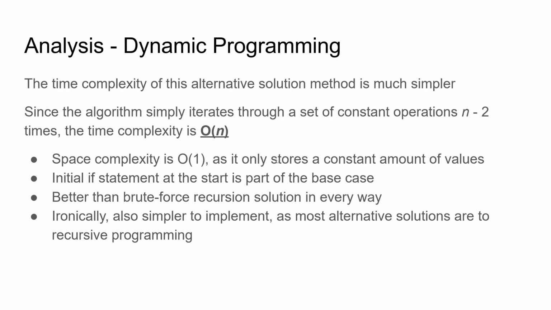So here's the analysis. This program is a lot more optimized and has a much better time complexity. The reason why is because in the recursion function, basically it split it up until it resulted in basically what this dynamic thing is doing in the first place, but much, much worse.